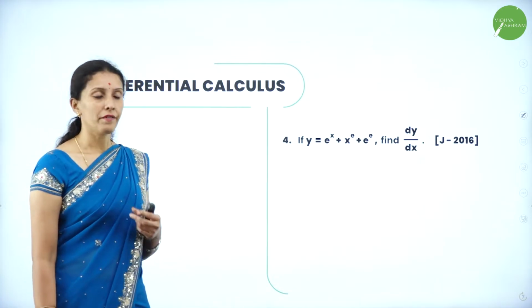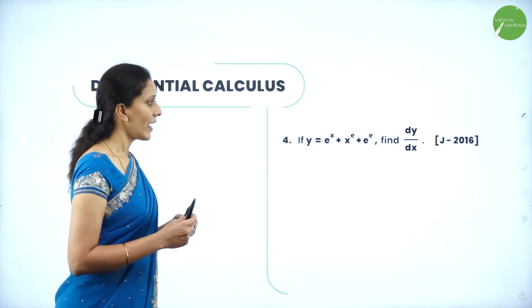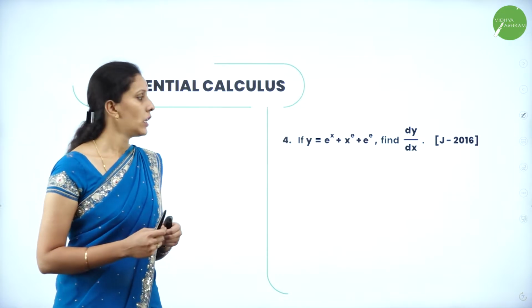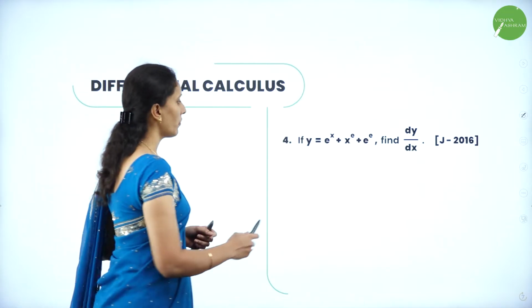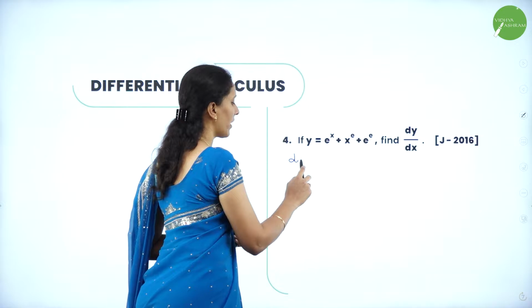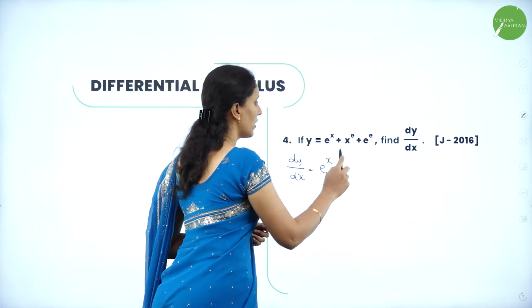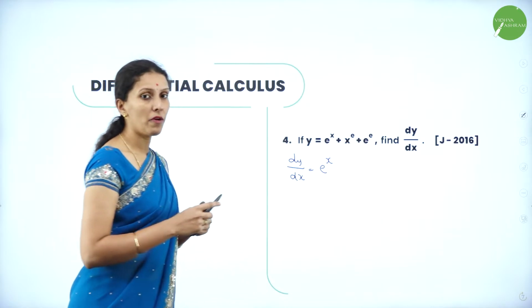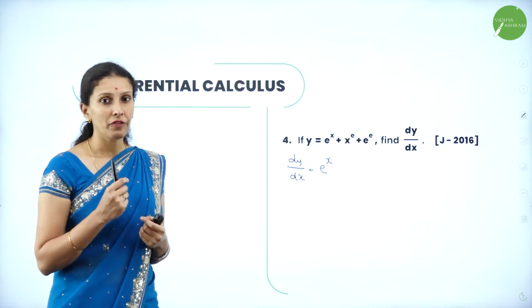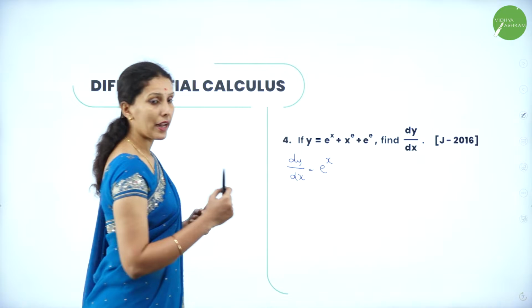Next one, if y is equal to e power x plus x power e power a, find dy by dx. We know that the derivative of an exponential function is itself, that is, the derivative of e power x is e power x. When you have any function in the form of x power n, the derivative of x power n is n into x to the power n minus 1.